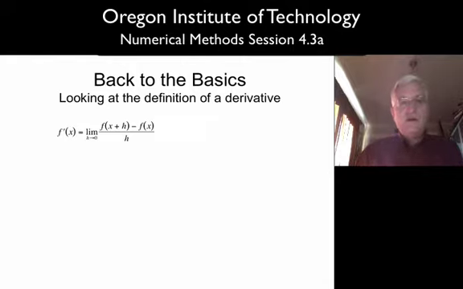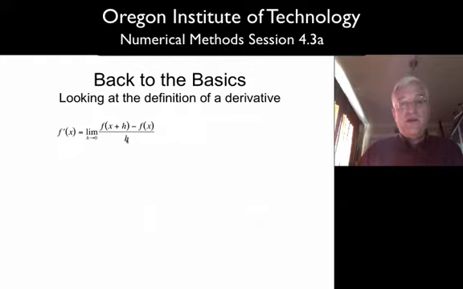We are going to look at the definition of a derivative as if you were just taking your first quarter of calculus. You recall that if you take a function evaluated at some value x and add a small incremental positive value to it, subtract off the functional value without that incremental value, and then divide by the incremental value itself, that is the rise over the run.